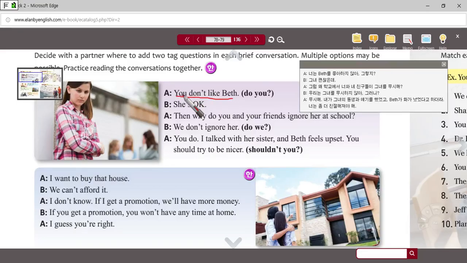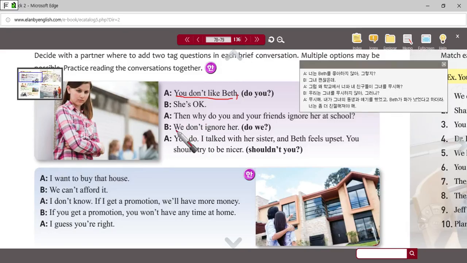My opinion, you don't like Beth. I think you don't like Beth. Okay, but I'm going to put a tag just to make sure. You don't like Beth, do you? Okay. So again, my opinion, and I'm just checking. You don't like Beth. Am I wrong?